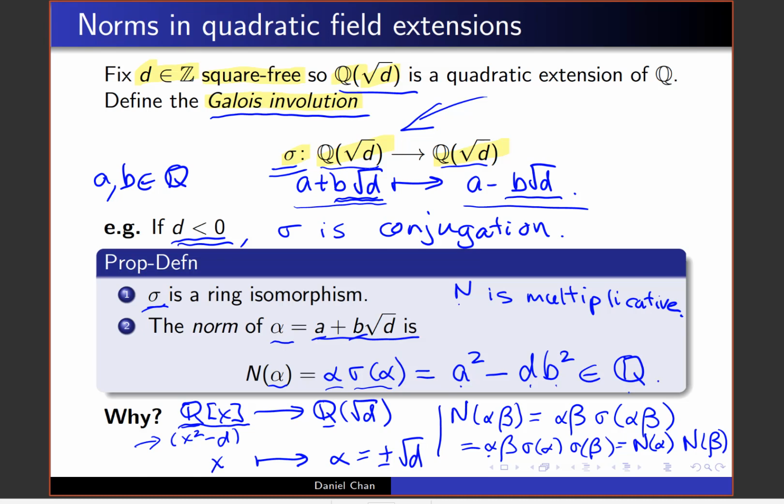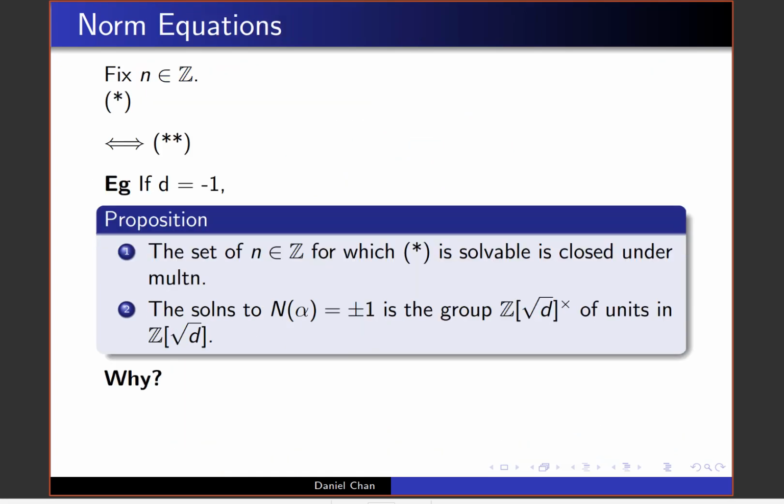And it's familiar in the case where D is negative: since sigma is just conjugation, alpha times sigma of alpha is alpha times alpha conjugate. So this is just the usual square of the modulus. Okay, so how is this relevant to our question of sums of squares? We'll see that in this next slide.